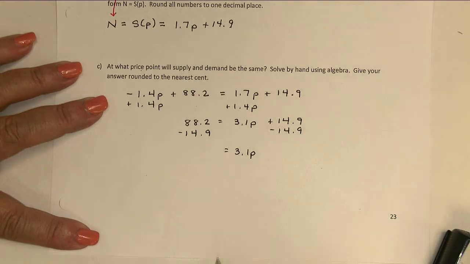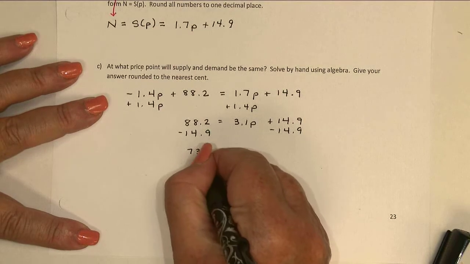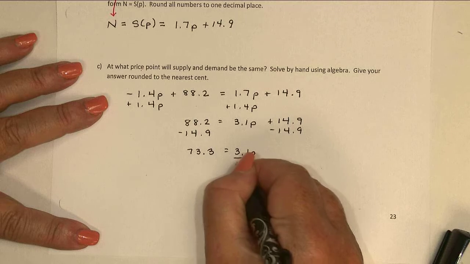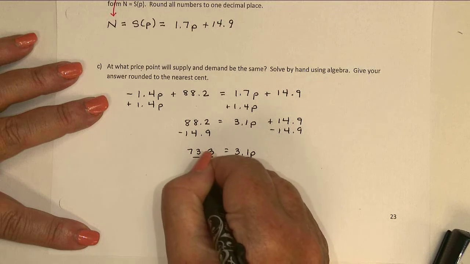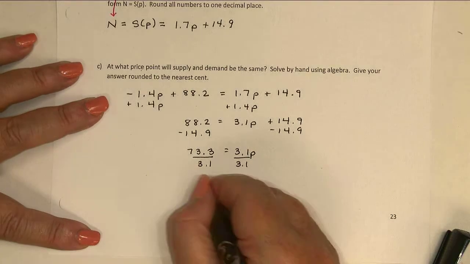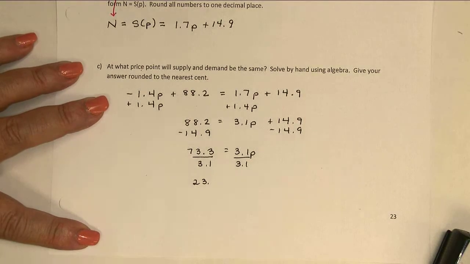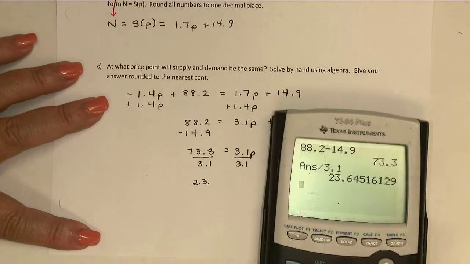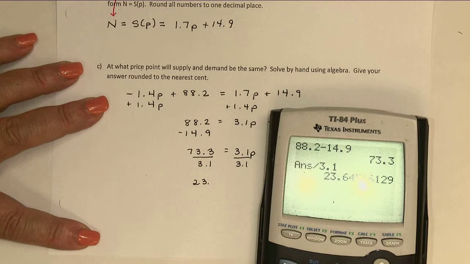Let's see, that's 73.3. And then dividing by the 3.1, I'm getting 23.6. And actually, that's price. That's P, so I probably should keep another decimal. We'll round that off to 23.65.